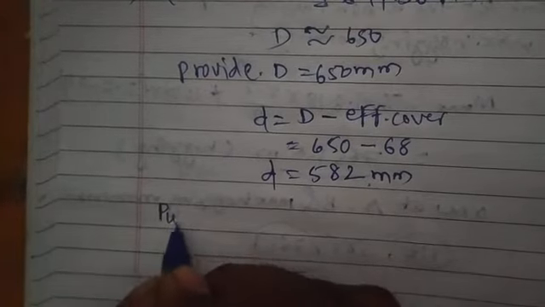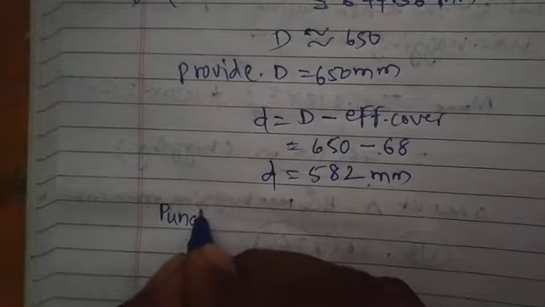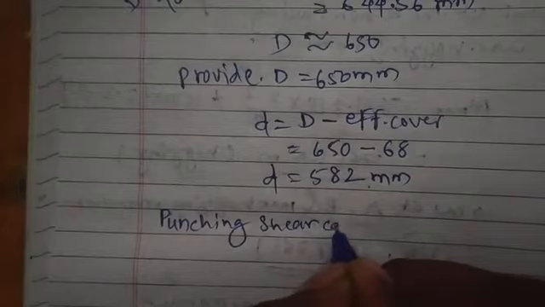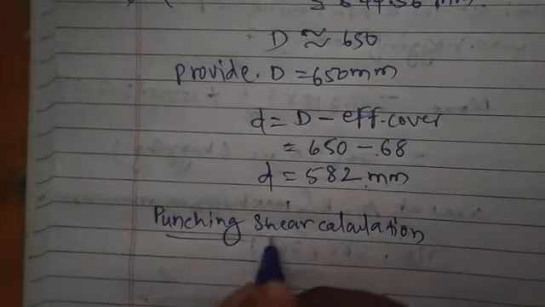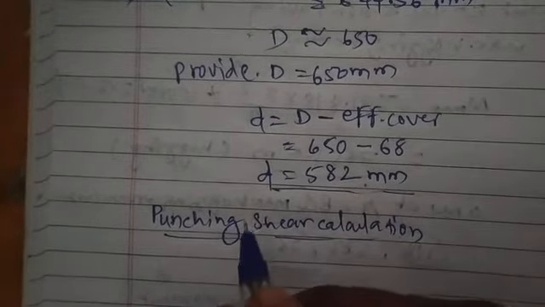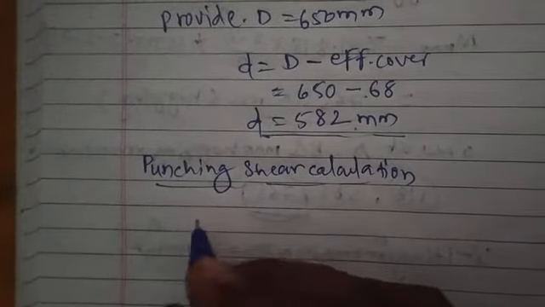So we'll do punching shear calculation next time. We'll check whether this D which we have calculated by bending moment criteria is safe in shear, two-way shear, or not.